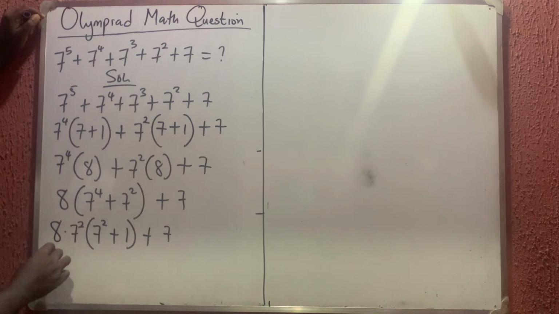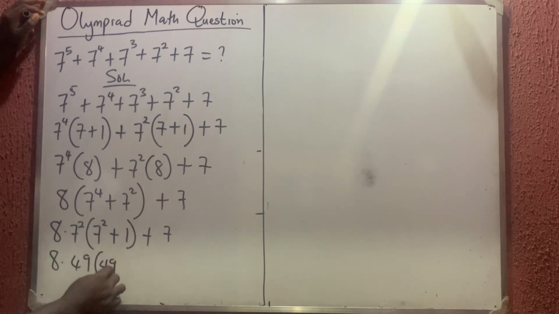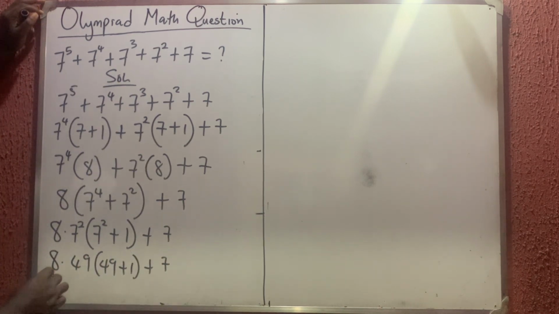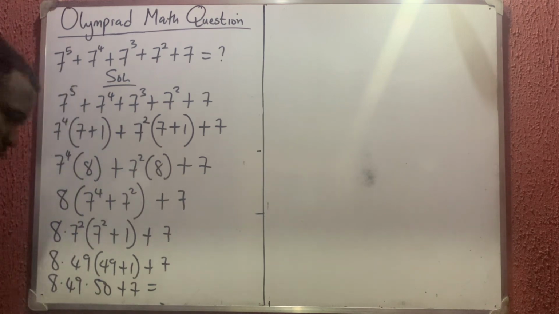So this is now 8 dot 49 in bracket of 49 plus 1, then plus 7. So I'm going to have that this is 8 dot 49 dot 50, then plus 7, okay? So you do that and then get the answer.